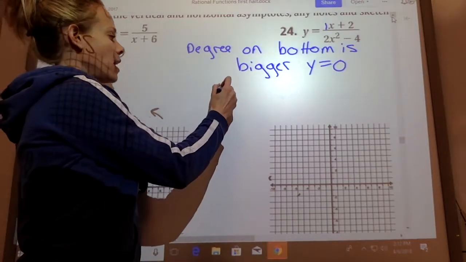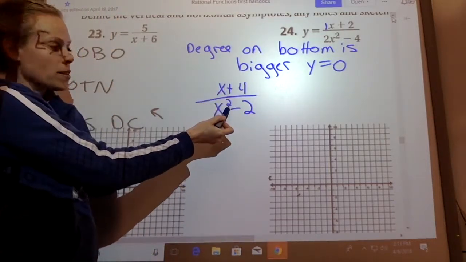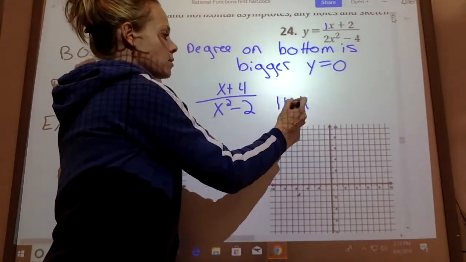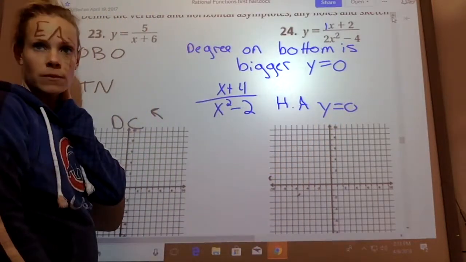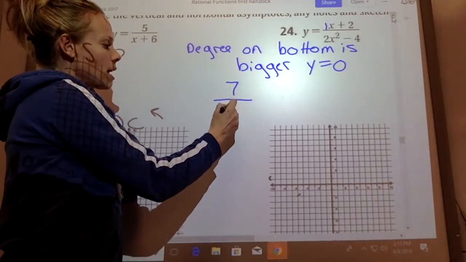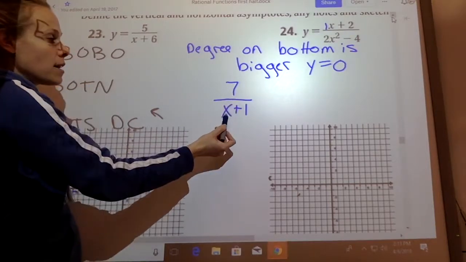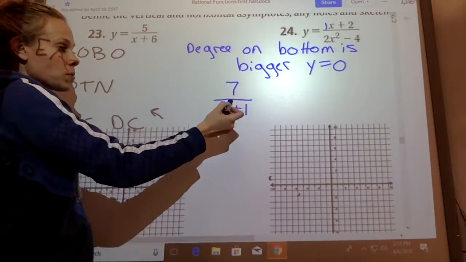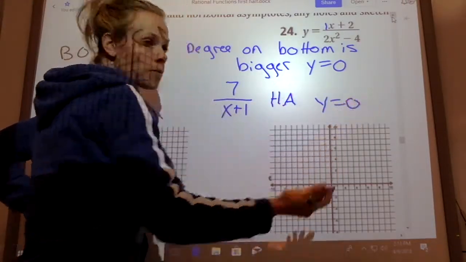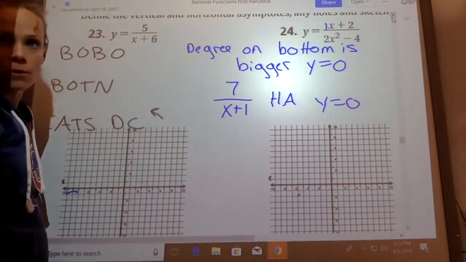For example, if I had (x + 4) over (x² − 2), this is 1 and this is 2, and it's bigger on bottom, so my horizontal asymptote is 0. Or if I had 7 over (x + 1), this is a degree of 0 because there isn't an x, and this is a degree of 1. Which is bigger? 1 is bigger than 0, so again, my horizontal asymptote is 0. Whenever the degree is bigger on bottom, your horizontal asymptote is 0.